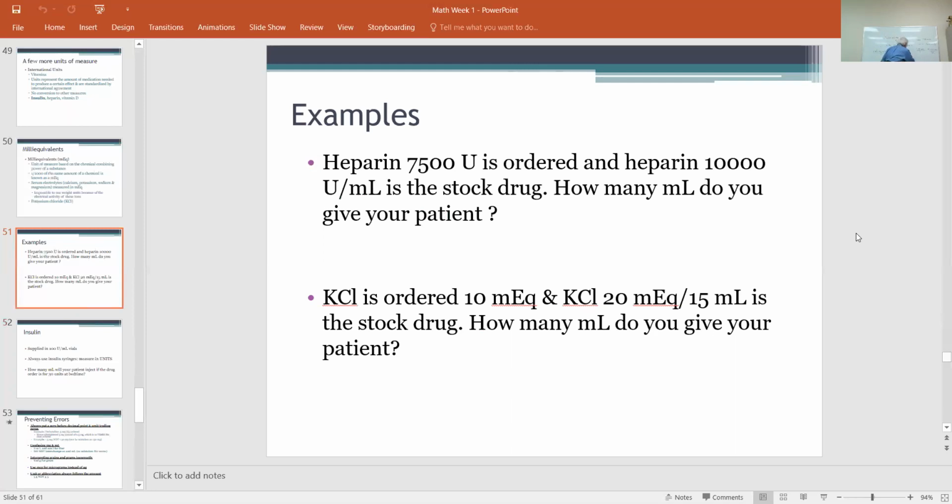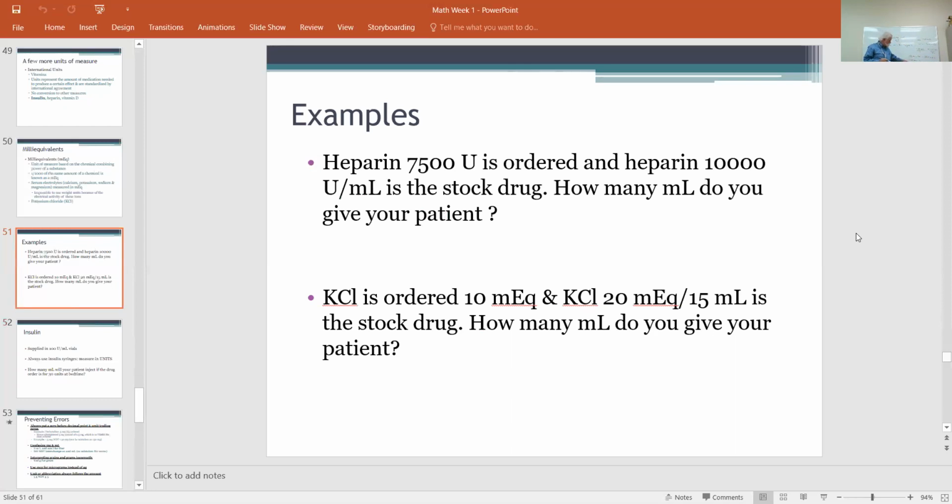So now we get 7,500 units times 1 milliliter equals 10,000 units times X. Now, if we divide everything by 10,000 units, 7,500 units times 1 milliliter divided by 10,000 units, that's going to equal X. So the units cancel out, and all we have left is volume.